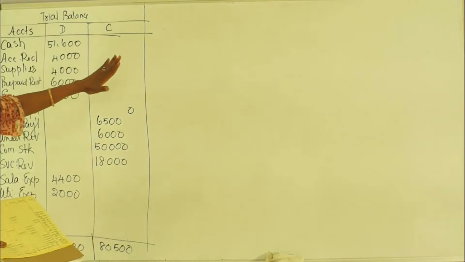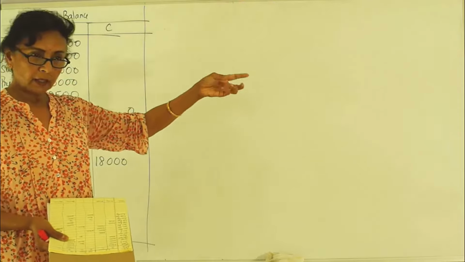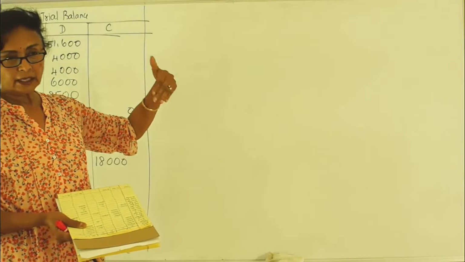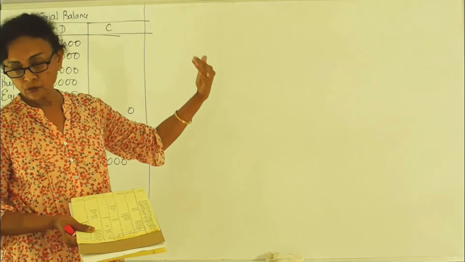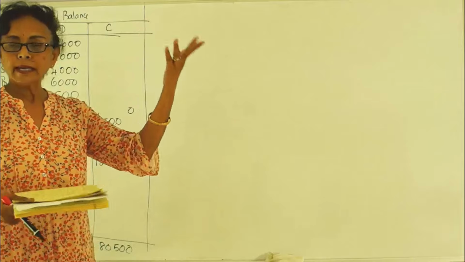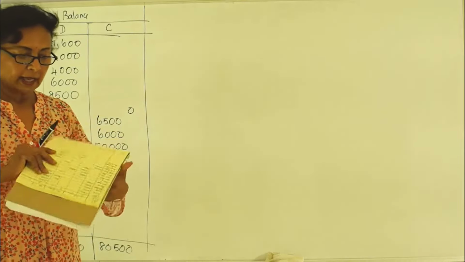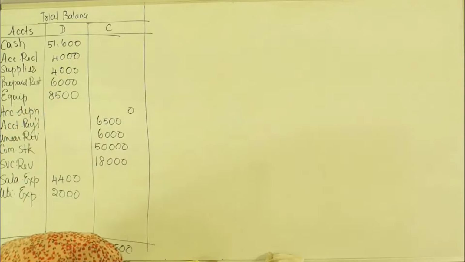Okay, so now we have illustrated the concepts we learned in lesson 2. We posted the transactions in the T account. We calculated every account balance, and then we prepared the trial balance. So the next step would be to prepare adjusting entries. And adjusting entries, that is from lesson 3.